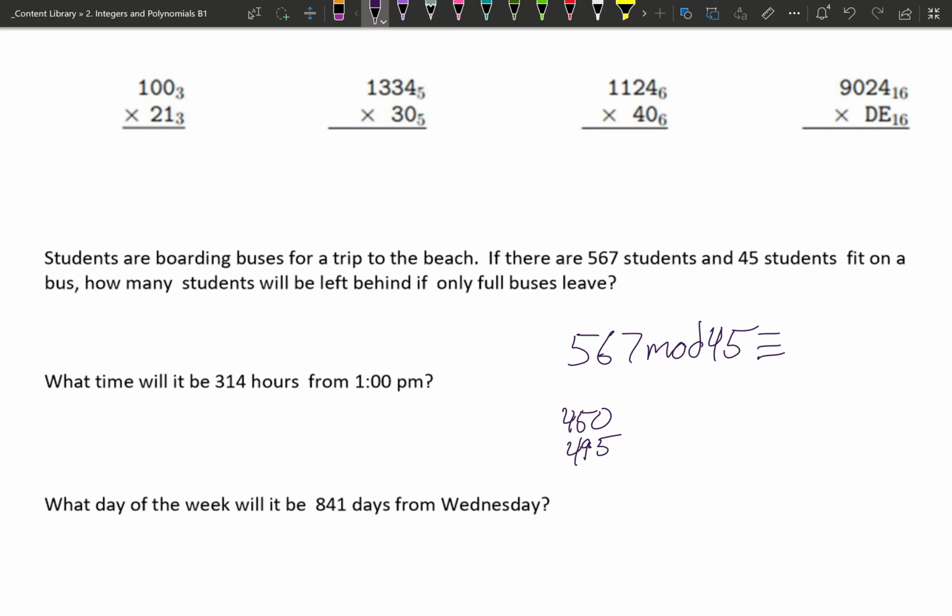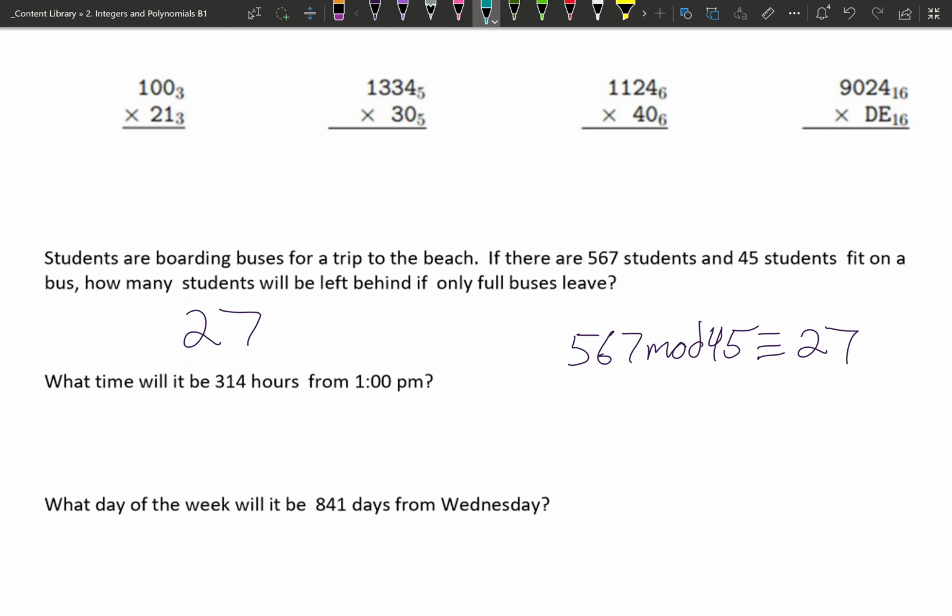Add another 45 is 540. Okay, any more would take us over. So 540. 567 minus 540 is going to be 27 is our remainder. We don't care what the quotient is. We just care about the 27 students who will be left behind.